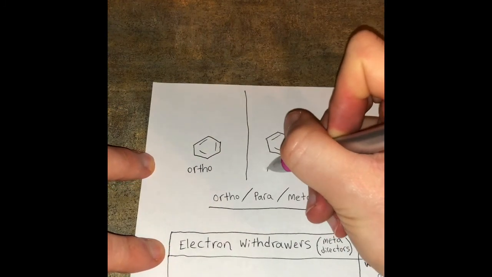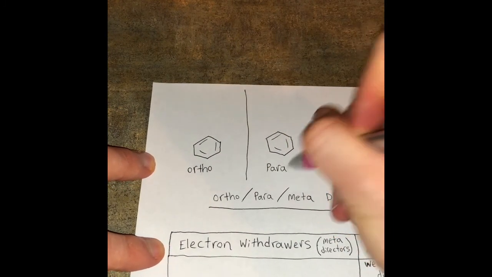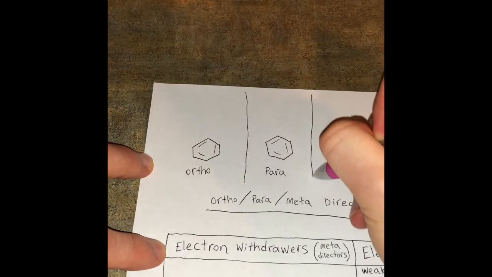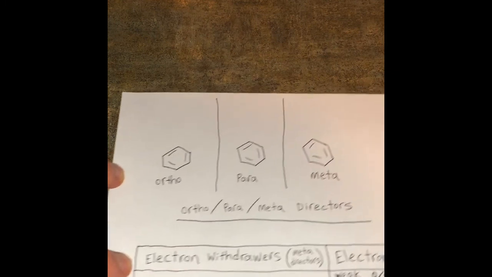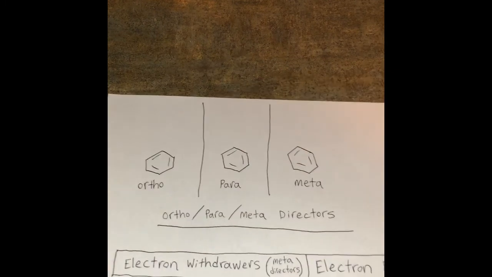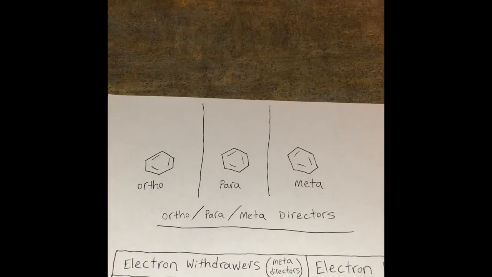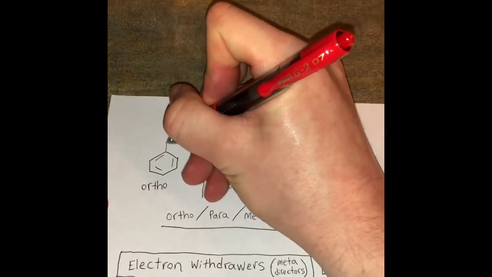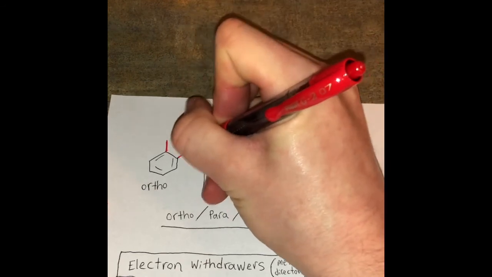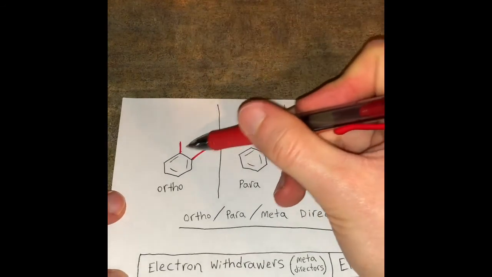Underneath the second one, I'll put para. And meta under the third. So what this means is just kind of where your substituents end up.